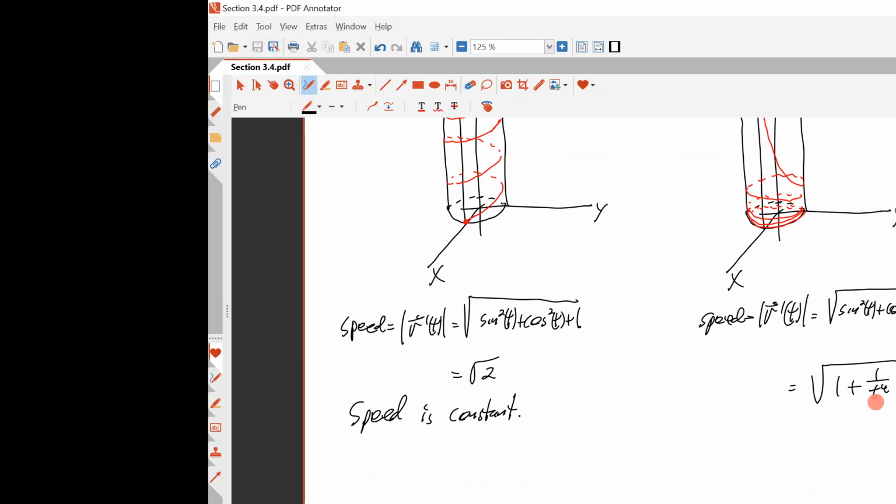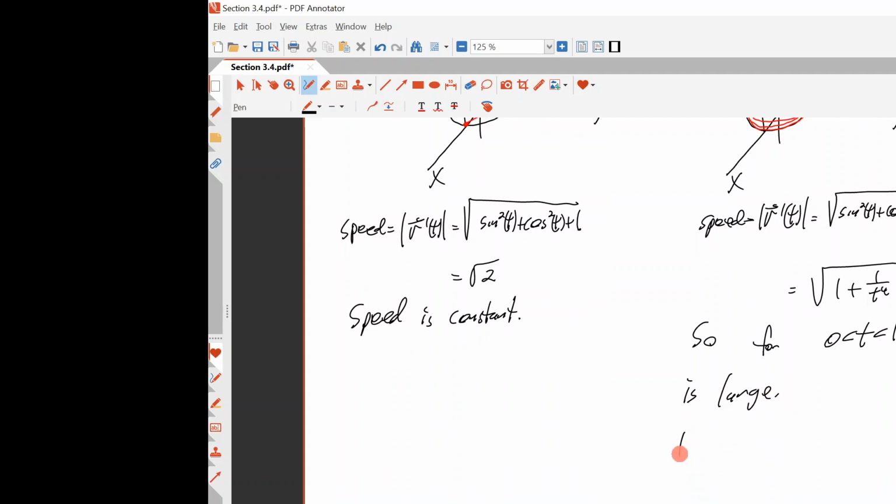All right, so for t less than 1, say, for 0 less than t less than 1, the speed is large. And then for t approaching infinity, speed approaches 1.